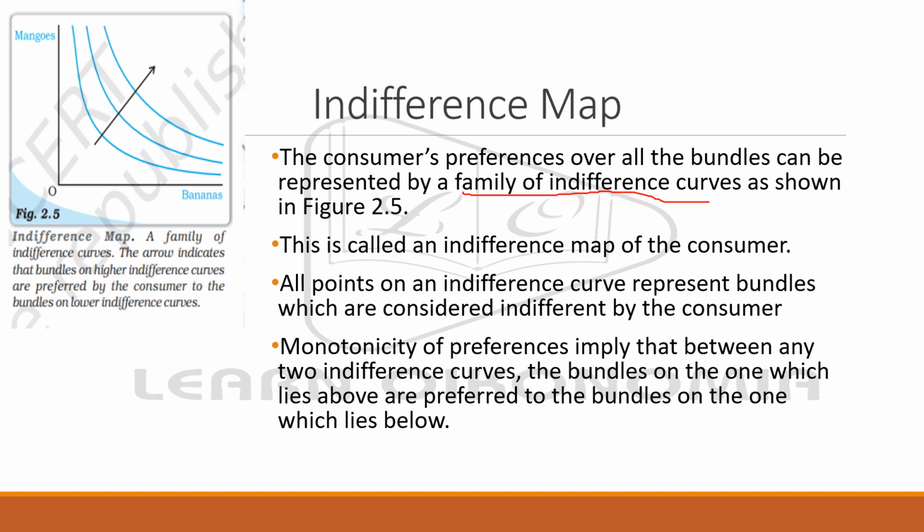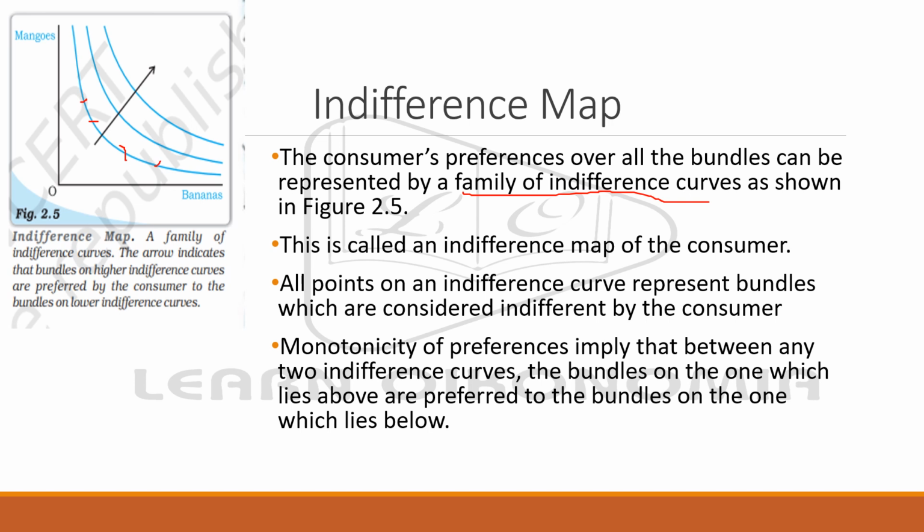If you take each of these indifference curves, like IC1, IC2, IC3, these are the three indifference curves that we can have in this figure. Just take one of the indifference curves and consider the different points on it. At this point you will have one point, here another point, here another point, etc.